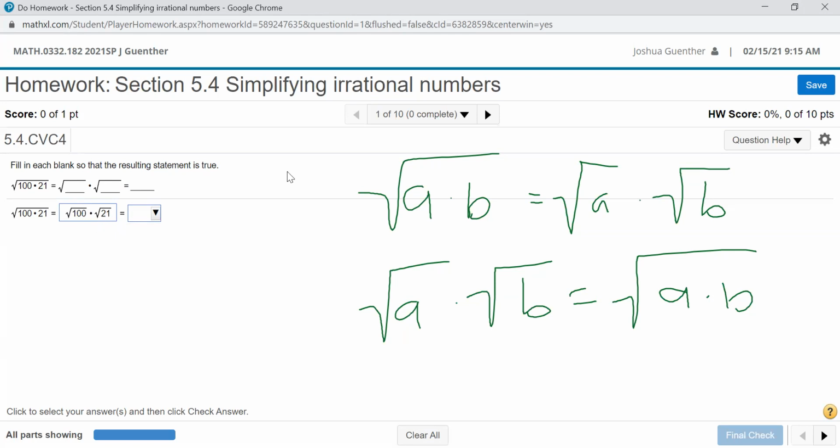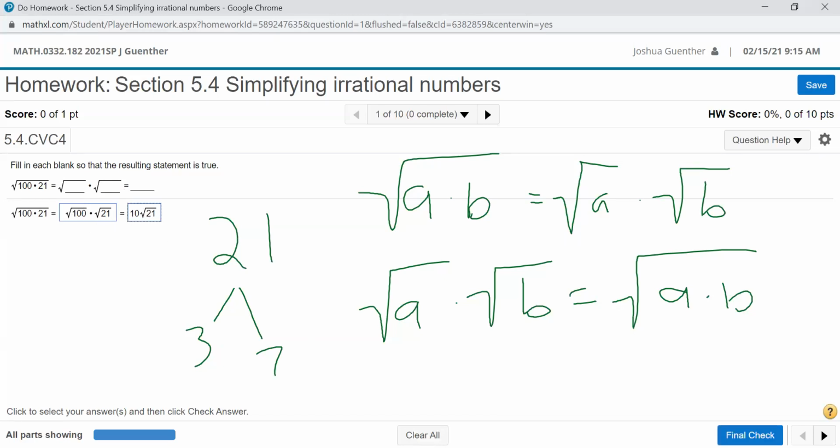And the square root of 21, if you look at the prime factorization of 21, the only thing you can do is 3 times 7. Those are both prime numbers. You have no pairs of factors, meaning you only have a single 3 and a single 7. So square root of 21 is as simple as it can get. But the square root of 100 will become 10 because 10 times 10 is 100.